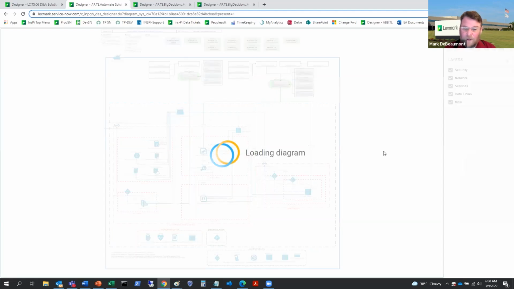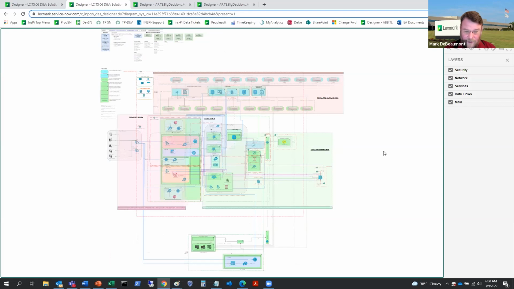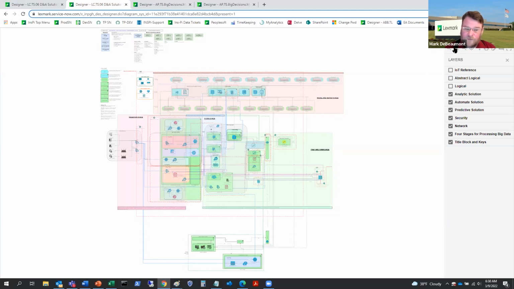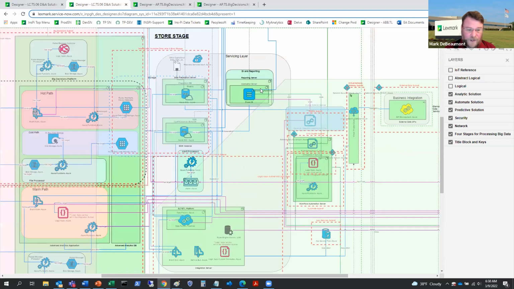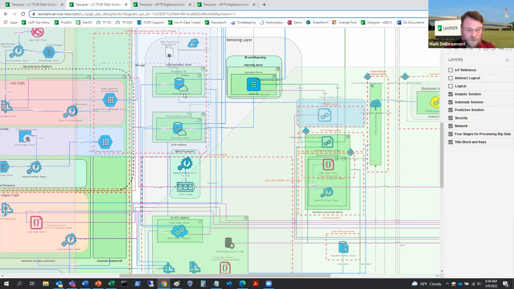I think the key component is it really does require a foundation for the continuum. You need to have that library of components that you can leverage initially. In this type of diagram, you'll note that all the components are still the generic Azure components, Azure SQL, Azure Data Factory.